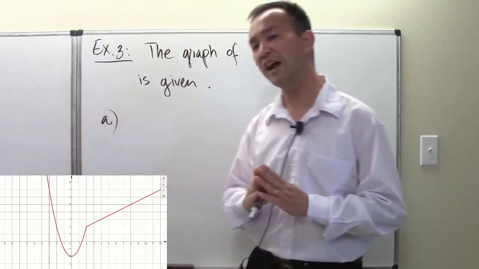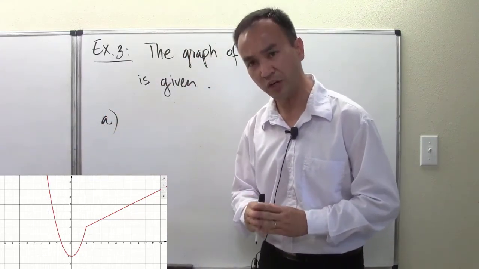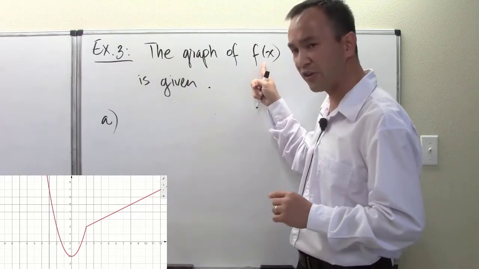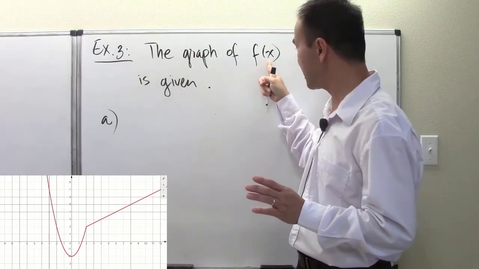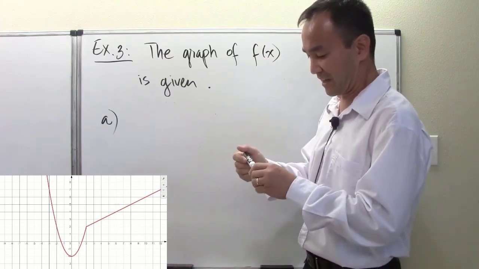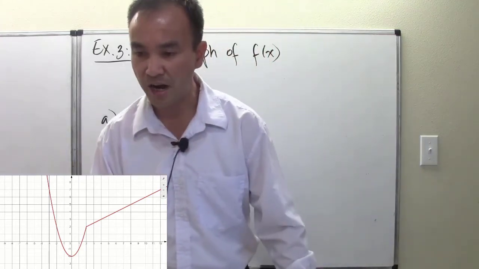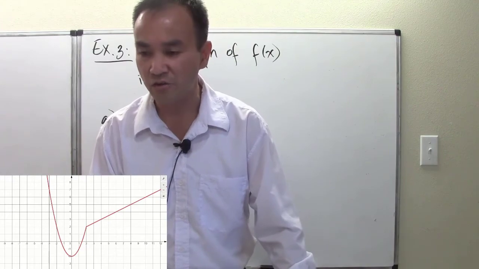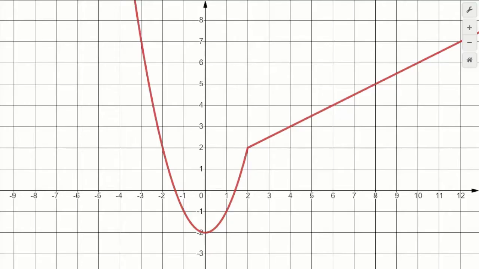Once you have that graph given, let's see what we can do with it. This is the function notation. The input is the x variable, and the output is f of x. As a reminder, when you're looking at the graph, the input values are placed on the horizontal axis.